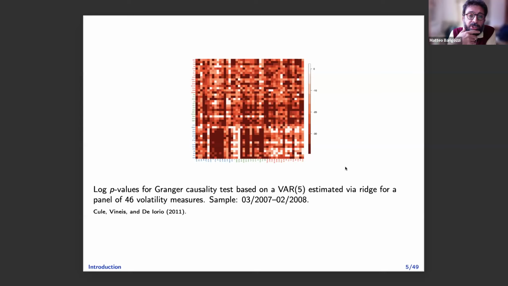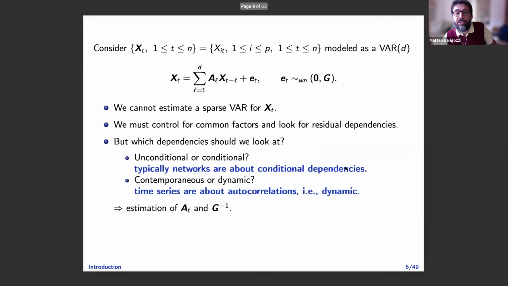And then what you see here is that basically there are no zero entries, okay? So this tends to be dense, okay? The redder is the dot, the smaller is the p-value, meaning you are strongly rejecting the null of no Granger causality, okay?